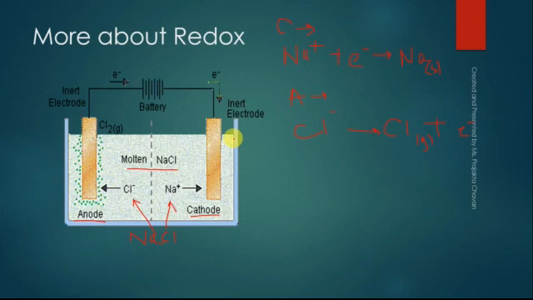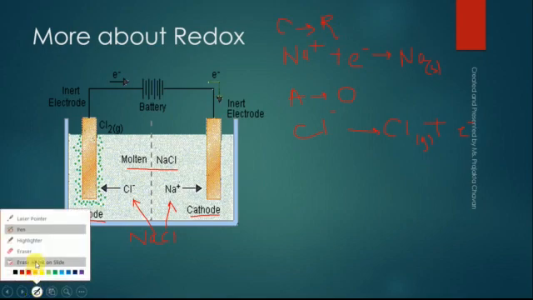So students, at anode, as it is losing electron, we say that oxidation is taking place at anode. And in cathode, as it is gaining electron, we say that reduction is taking place at cathode. So these are the cell reactions at anode and cathode respectively.